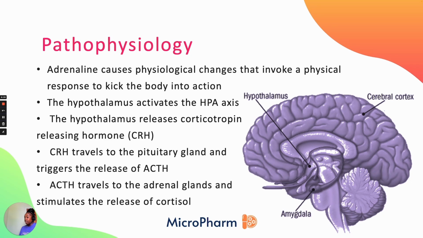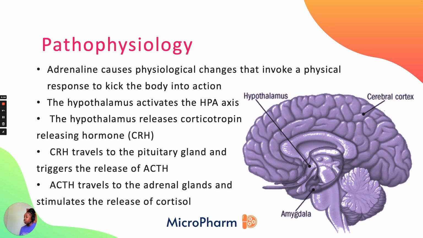After the initial release of adrenaline, the hypothalamus activates the HPA axis. The HPA axis involves a network of the hypothalamus, pituitary gland, and adrenal glands. And this network is really important for the stress response via hormone signals, which keeps the sympathetic nervous system activated. So it keeps the body and the brain in a high anxiety state in anxiety disorders.